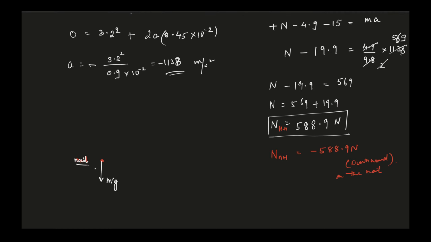And the force whose magnitude is equal to N in the downward direction. Yeah, the force by the hammer on the nail, normal force on the nail by the hammer. That will be in the downward direction. Any other force that will work on the nail?